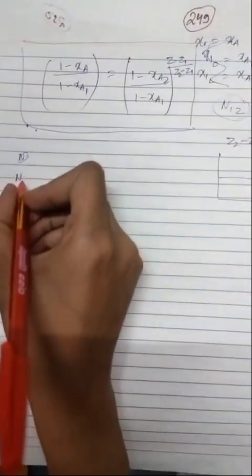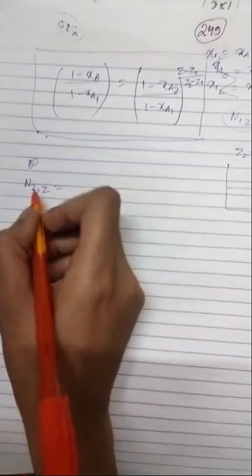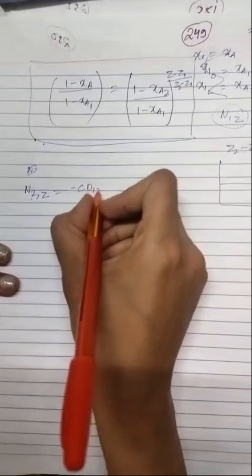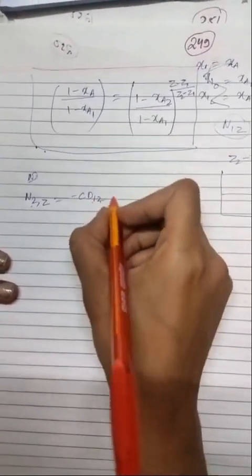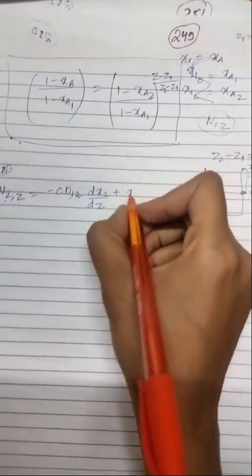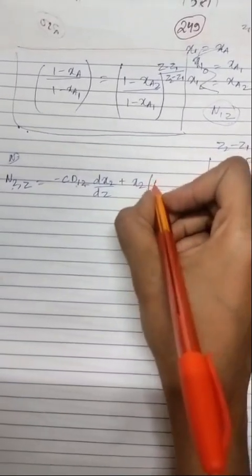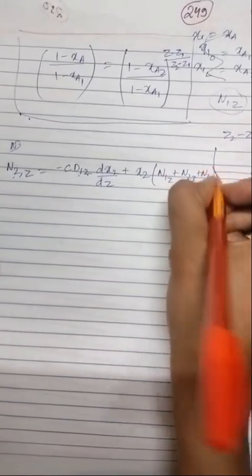Now we will write equations for N2Z and N3Z, which is the flux for nitrogen in Z direction. So the equation will be similar to N1Z: minus C D12 dx2 upon dz plus x2, which is the molar composition of nitrogen, into N1Z plus N2Z plus N3Z.